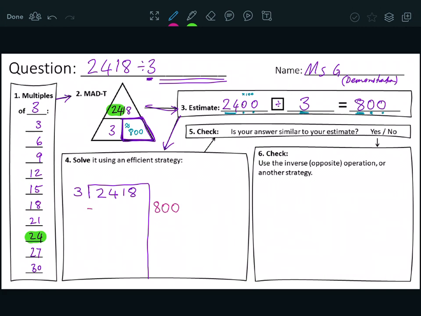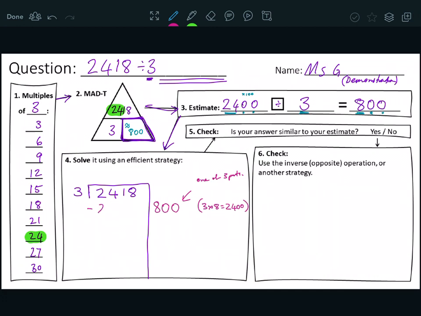So I have to take that away because I already know 3 times 8 equals 24, so 3 times 800 equals 2,400. Okay, so that's one of the 3 parts, because that's what dividing is, breaking it into parts.